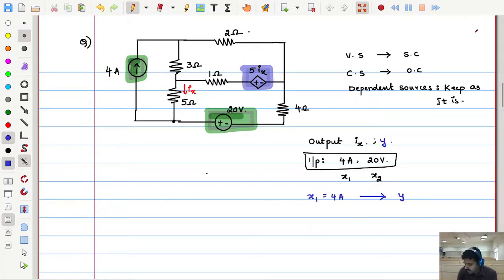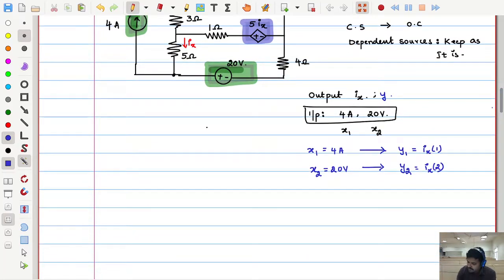I can call it Y1. When only X2 is there, which is the 20 volts voltage source, what will be its output? Y2. Where Y1 I can call Ix of 1, whereas Y2 I can call Ix of 2.